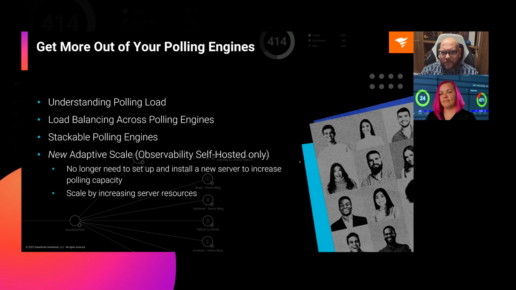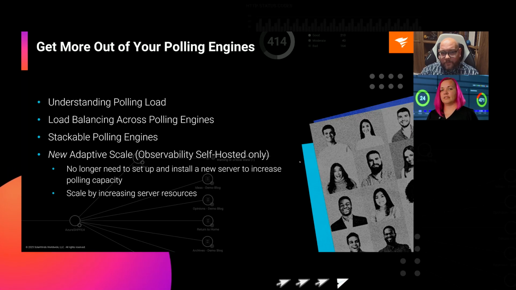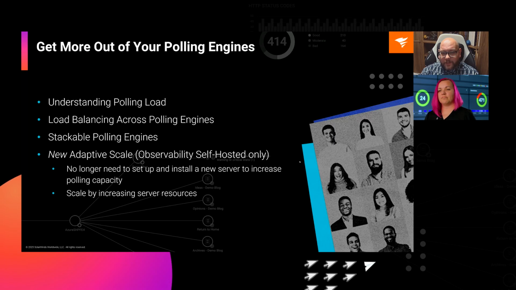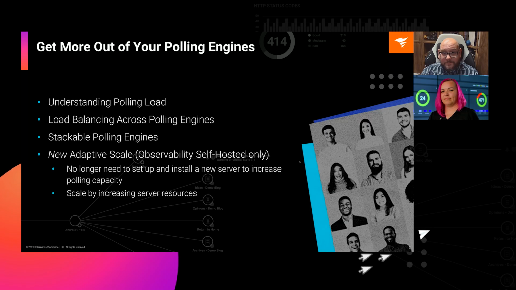The main polling engine can handle a lot more than it did back in the day, but there's always reasons why you need to scale that polling out, whether it be for basic load, there's too many elements, or the geographical location of the devices you want to poll. So it's quite common. You might need to put a polling engine in another data center, which might be another campus or a different country, even in some cases. So the flexibility of being able to add those scalability engines is one of the key benefits of the platform.